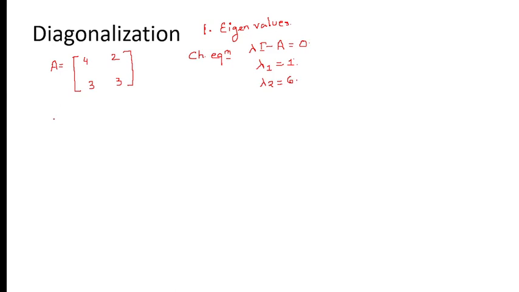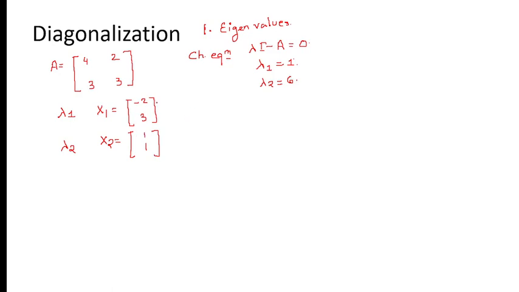Next, you have to find the eigenvectors. We have discussed how to get the eigenvectors. If you take lambda 1, you will get an eigenvector X1 that is -2 and 3. For lambda 2 you will get the eigenvector X2 that is 1 and 1. We solved it in our previous example up to this point. Now we are going to form the P matrix.